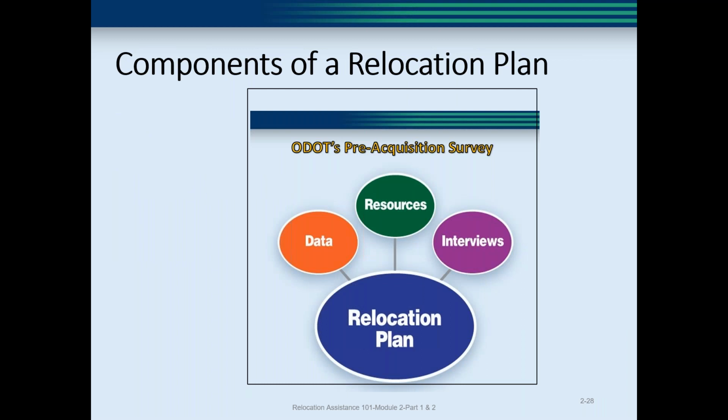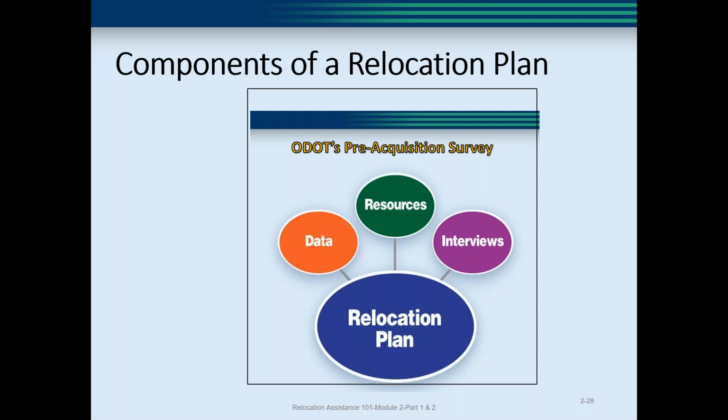So let's look at the components of a relocation plan. And I want to emphasize, because you might see this on a quiz or in the final test, the conceptual stage is the planning stage. The pre-acquisition stage is the relocation plan.